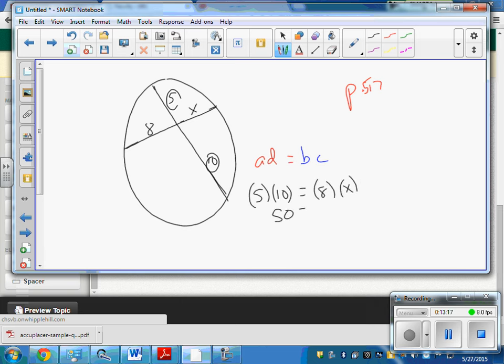Okay, so 50 is 8x, x is 50 over 8, or if you want, 25 over 4. Okay, so intersecting chords, think of these as secant segments, if you will, where they cross, and there's a nice proportion setting up there. Okay, so there's all our segments.